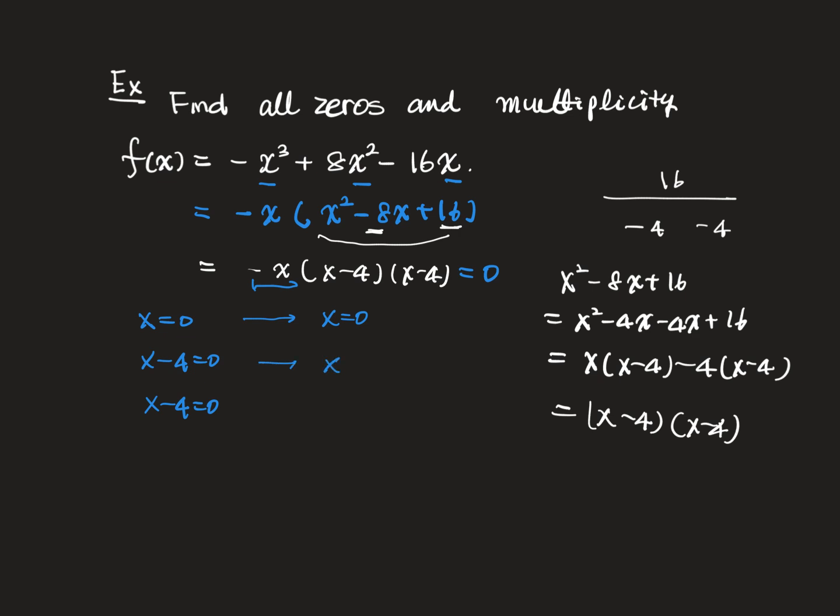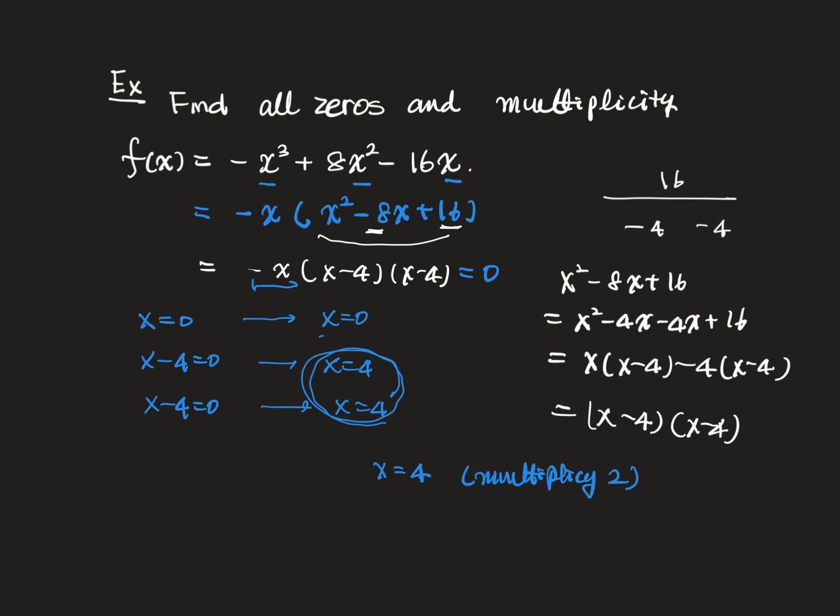How many times do you have x equals 4? You have 2, so you find two zeros there. That's multiplicity: it's going to be 2.